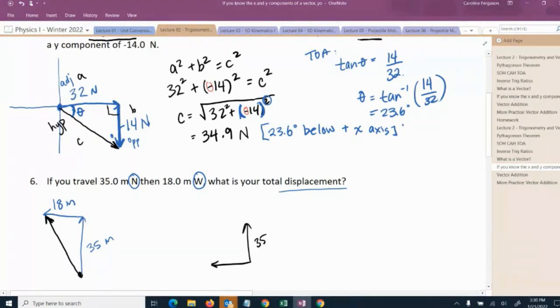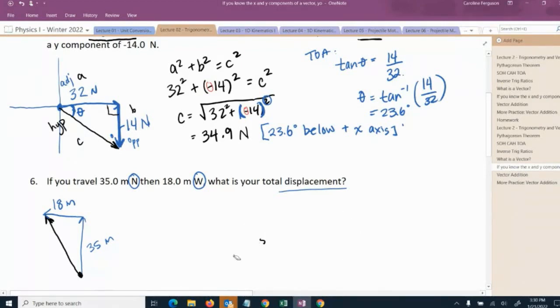You can't add them when they're tail to tail, where the two tail ends are touching each other. You have to make them tip to tail. So the 35, from that point where you finished, you then go 18 meters west. The tip of the first one touches the tail of the second one. And then the displacement is from the beginning of the first to the end of the last.